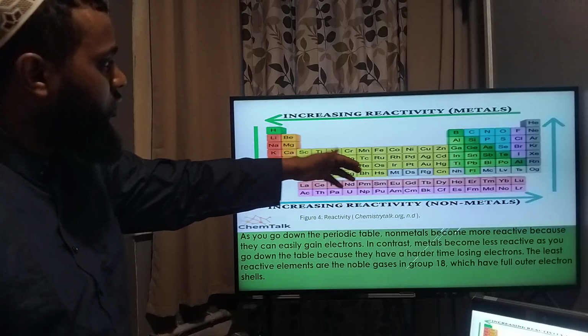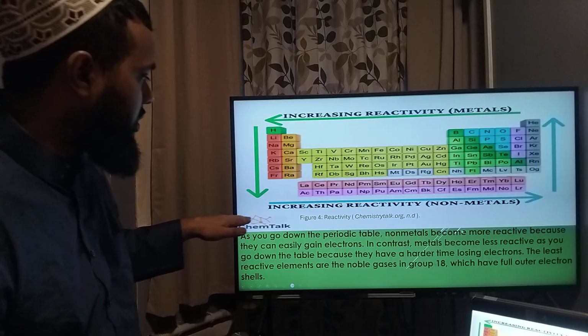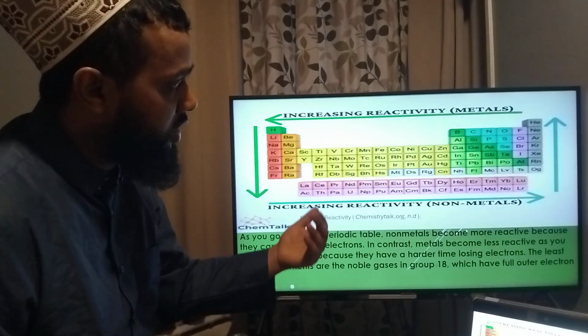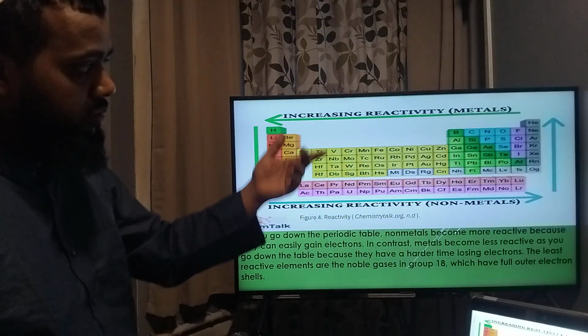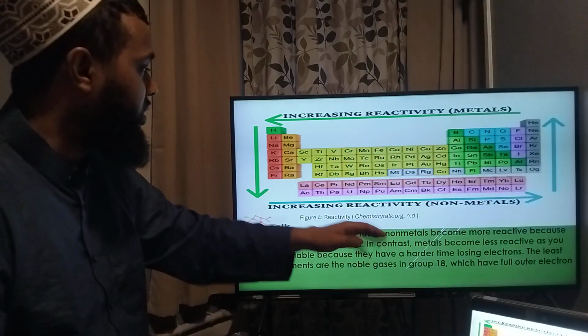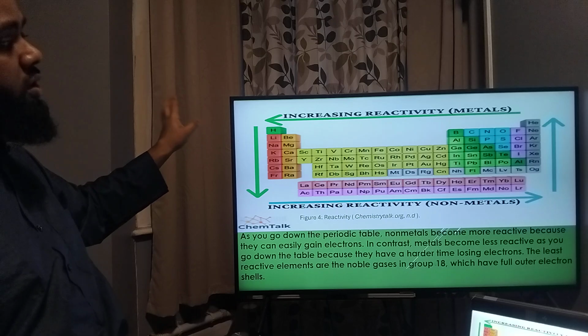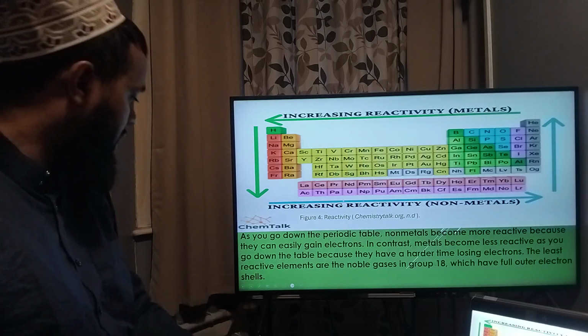On the periodic table, for the non-metals, as we go to the right, reactivity increases upwards. Reactivity increases for non-metals upwards. For metals, it increases in this direction, and downwards.